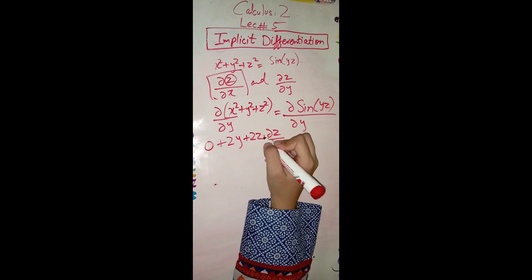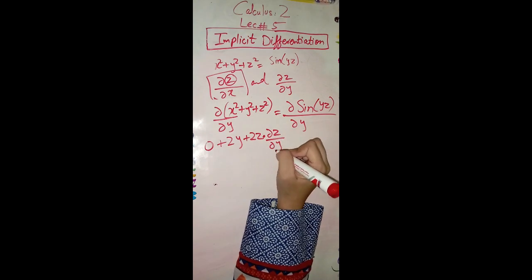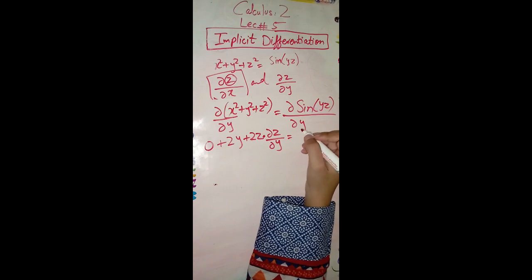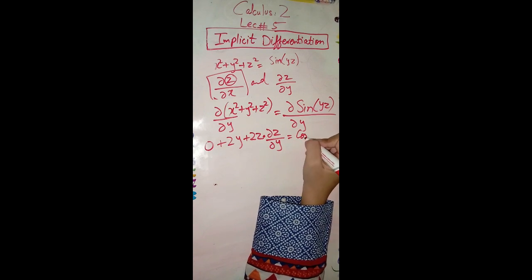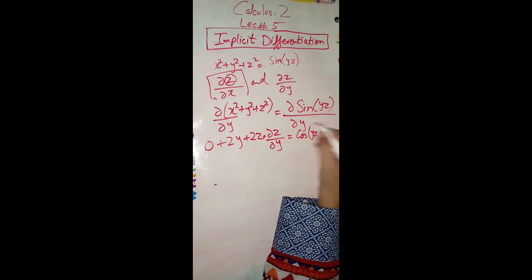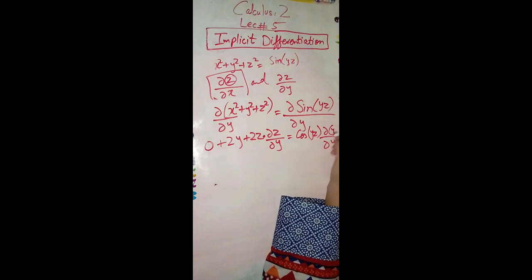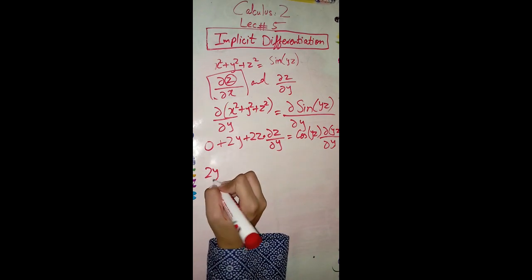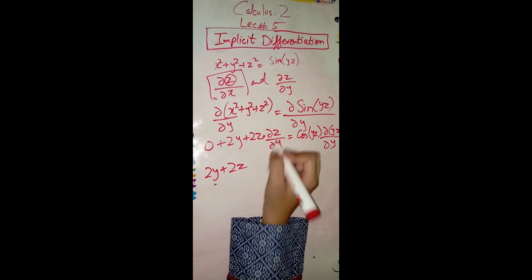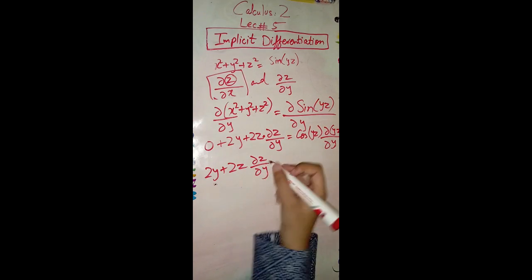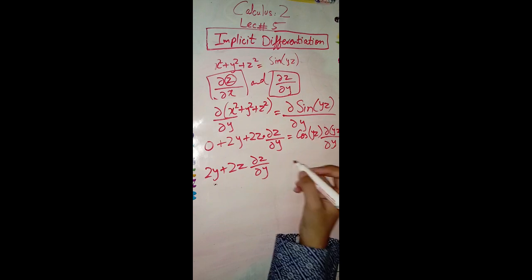The power of z times partial of z by partial of y is equal to the derivative of sine, which will be cos yz, and partial by partial of y of the angle yz. So we have 2y plus 2z partial of z by partial of y. You will never write it equal to 0. Write it as it is, partial of z by partial of y, as we are finding it out.